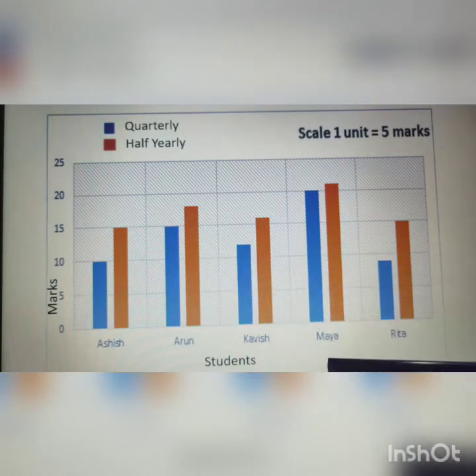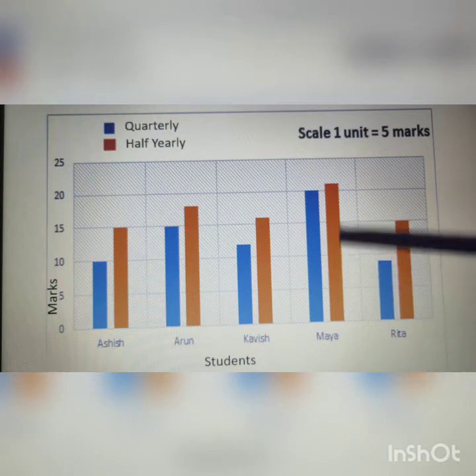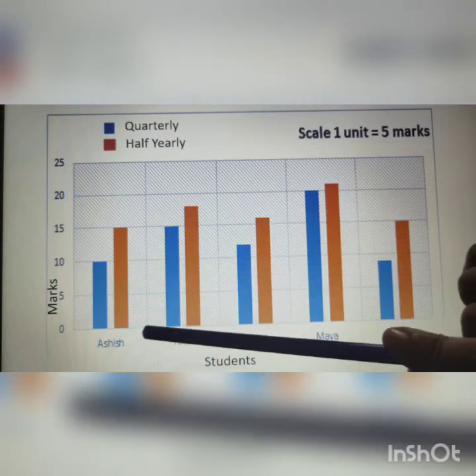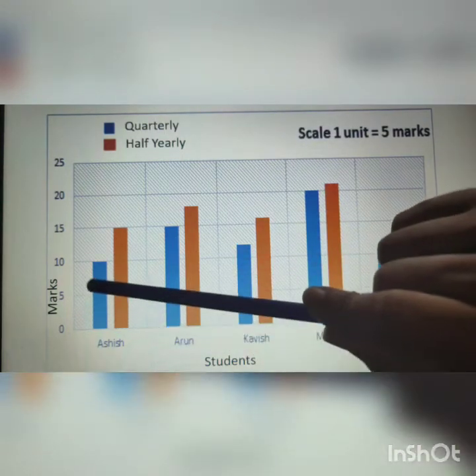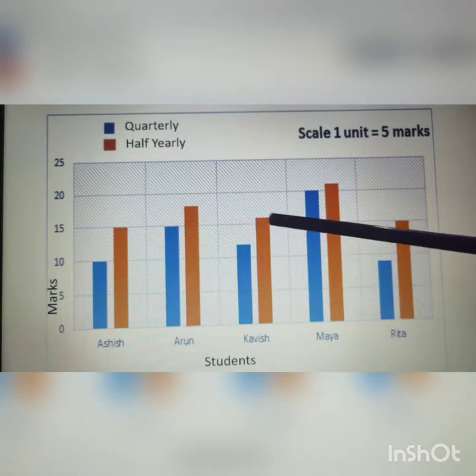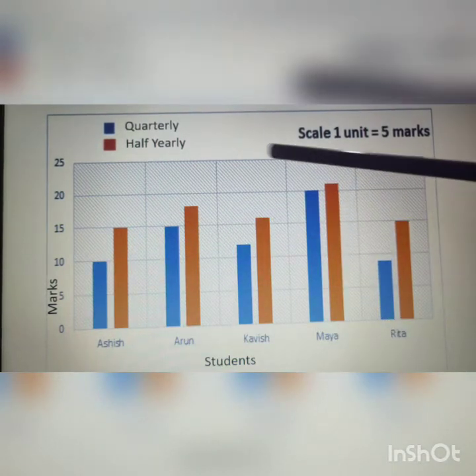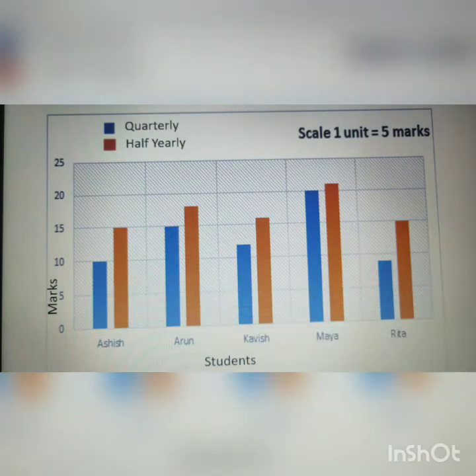So we can say the technique used by the mathematics teacher is effective because all the students performed better in the half-yearly than in the quarterly exam. The information in a double bar graph is related, and it compares one set of data to another.